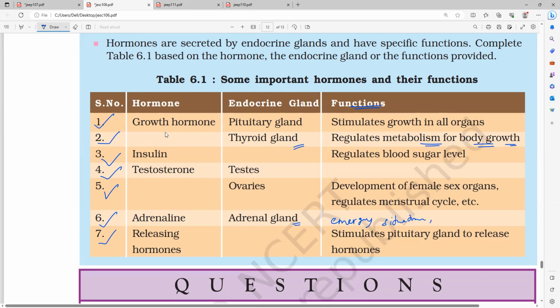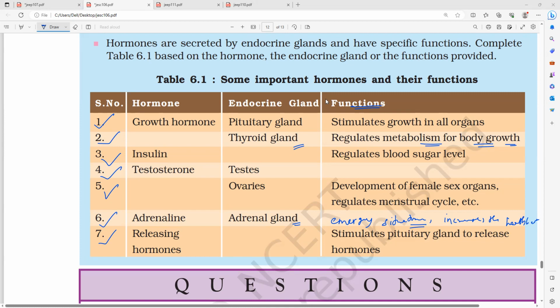It increases the heartbeat and supplies blood to various organs, so that more energy is released and we can act very fast. In emergency situations, adrenaline increases the heartbeat and increases the supply of blood. Yes, fight and flight, Mr. Vijay. So that is what it is.